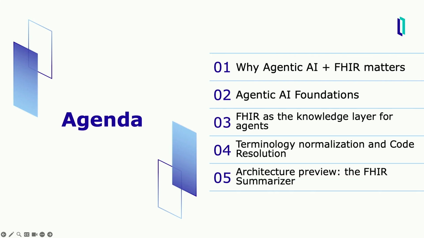We're going to look at retrieval patterns such as direct reads, searches, patient compartment retrieval, and then show how large FHIR bundle can become transformed into a compact clinical summary. And then we'll end with some remarks on safety, design patterns, and production concerns, because a convincing demo is not the same thing as a deployable system.